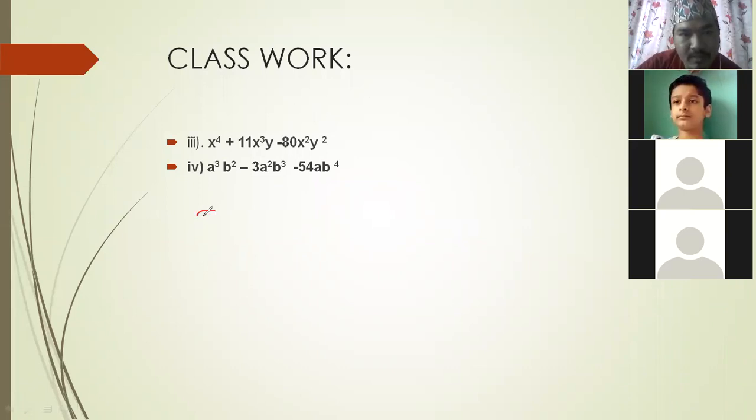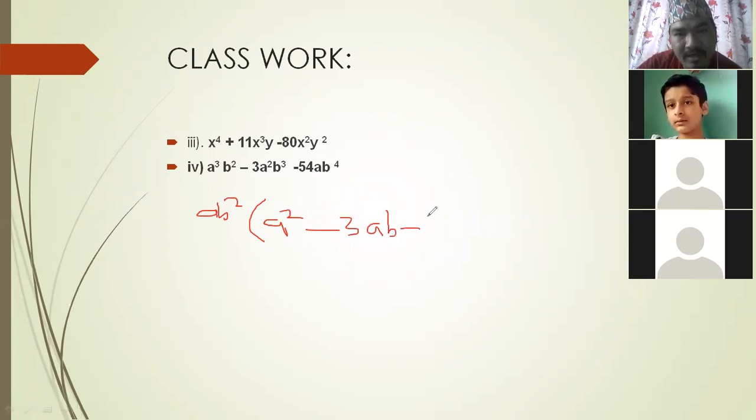AB square is common. AB square take common, okay. Then what is remaining? A square minus 3AB minus 54B square.